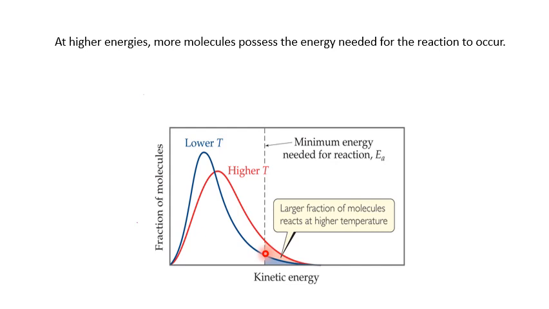Thus more molecules react and the overall reaction rate increases. You can notice that more molecules are now to the right of that activation energy, so the reaction rate will increase because more effective collisions happen at higher temperature.